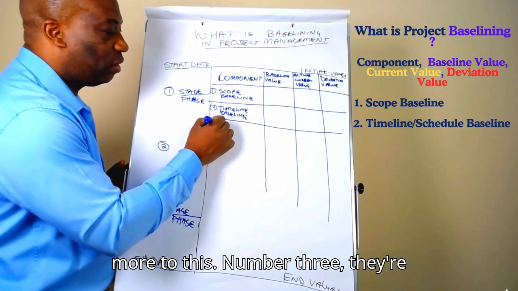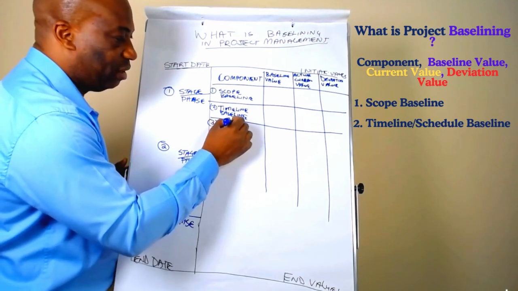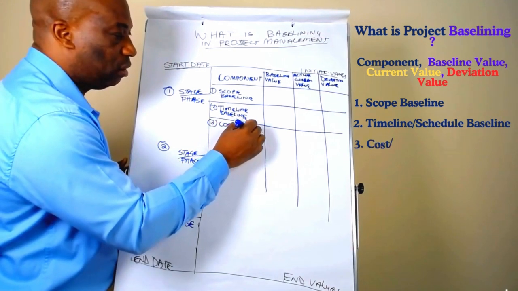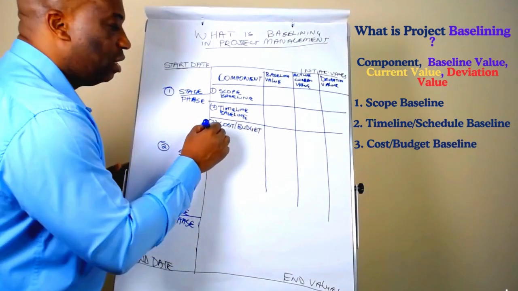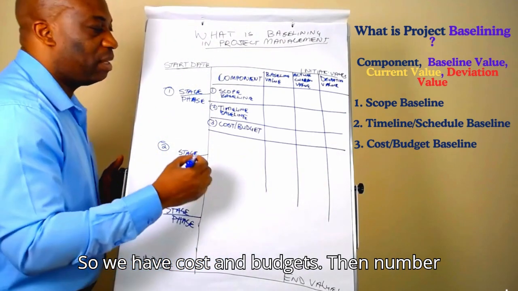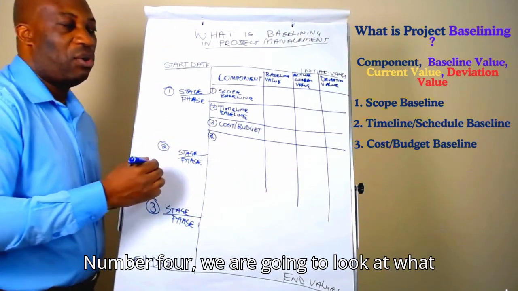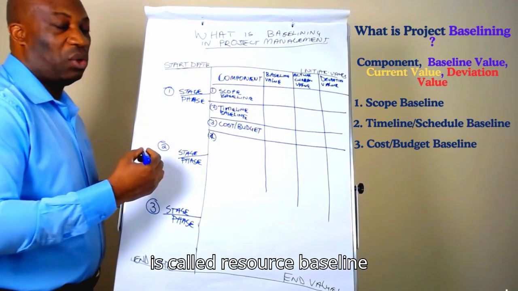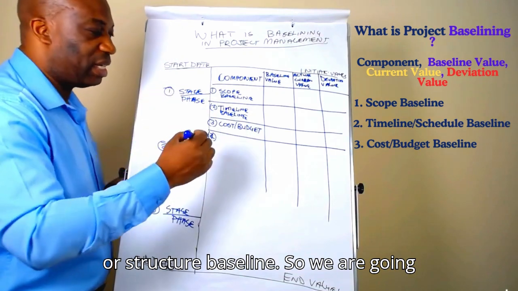Number three, we're going to have what is called cost or budget baseline. This is a critical component of projects. So we have cost and budget. Then number four, we are going to look at what is called resource baseline or structure baseline.